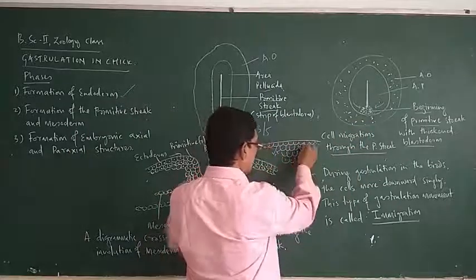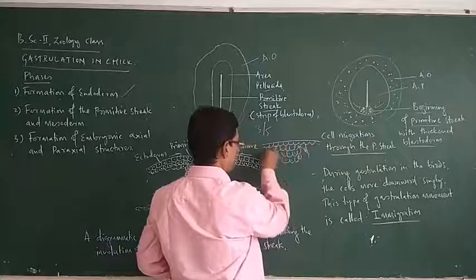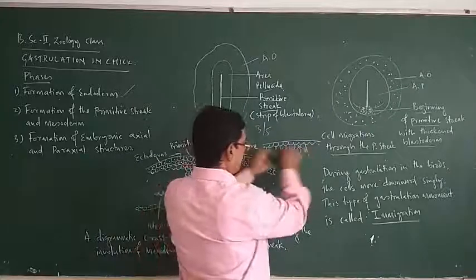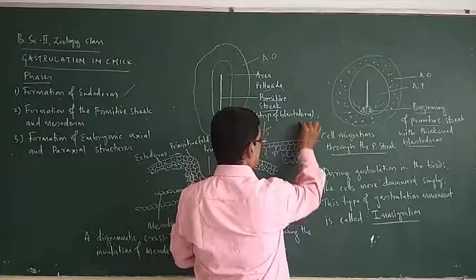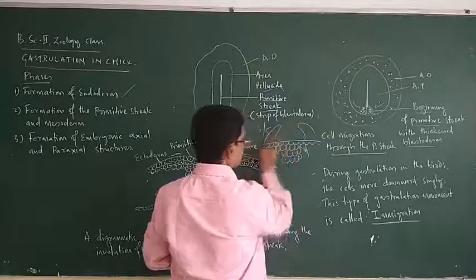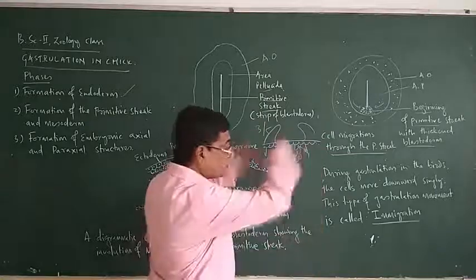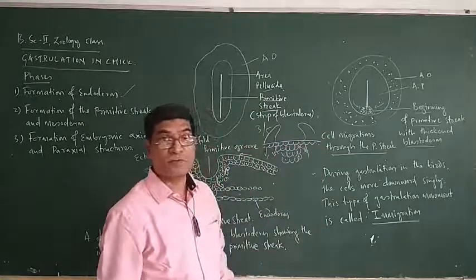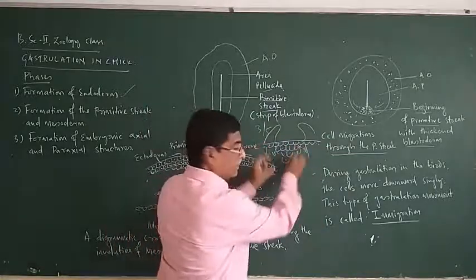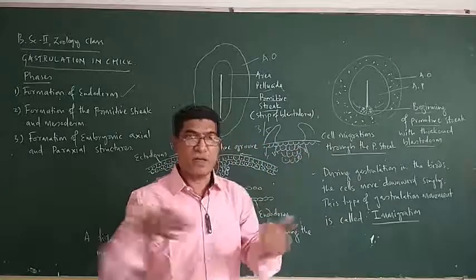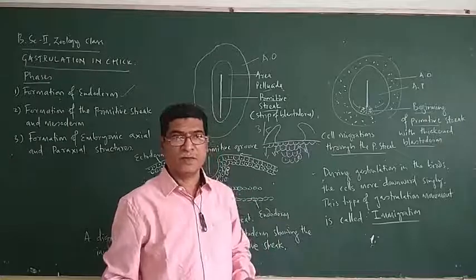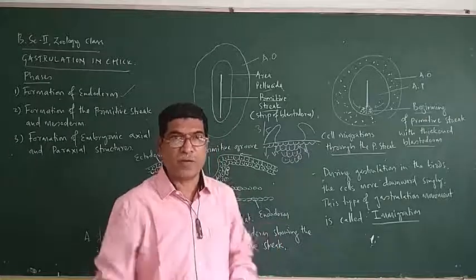As the cells are moving, separating from the epiblast, it curves like this. Due to the involution of cells, these cells are separated. Not all cells are following the same path, as a layer is not moving.